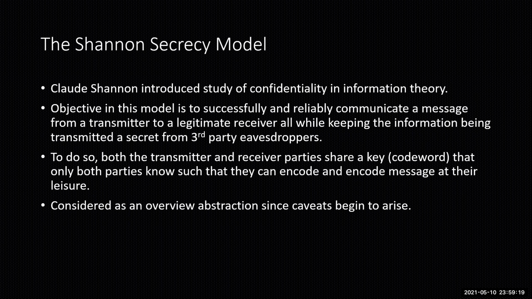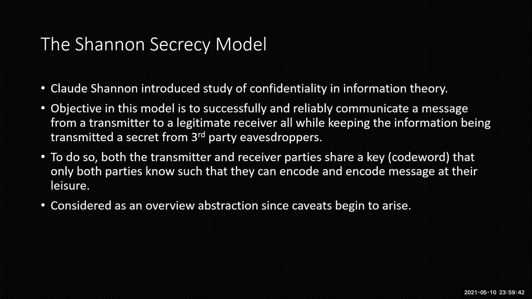This is considered an overview abstraction, just a general theory or an idea, because a lot of caveats begin to arise. One example, I guess you could state, is the Enigma machine that was derived in World War II.